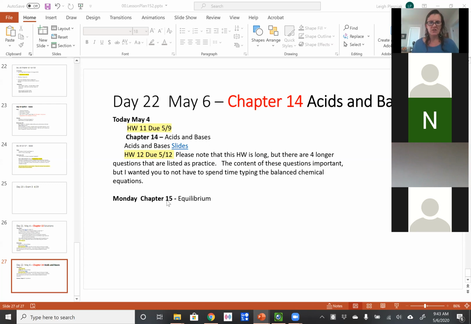On Monday, we start chapter 15, which is equilibrium. And I just wanted to note the homework 12 for the acids and bases, chapter 14. The time spent on this is long, but the 4 longest questions are practice. They're long because you have to type in chemical equations, which takes a long time and is tedious.